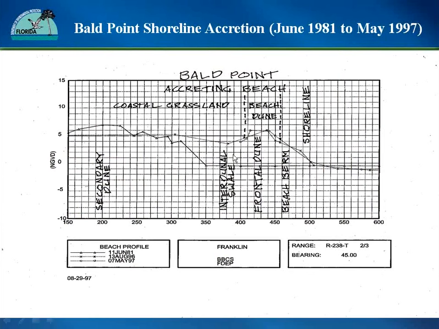So, I'm on to an Okaloosa pre-Opal slide, and here I want to reminisce a little bit before I talk about the slide, and just a little bit about the history of the program. In 1970, the legislature adopted Section 161.052 of Florida Statutes. The section citation is irrelevant, but it was a 50-foot setback from mean high water.